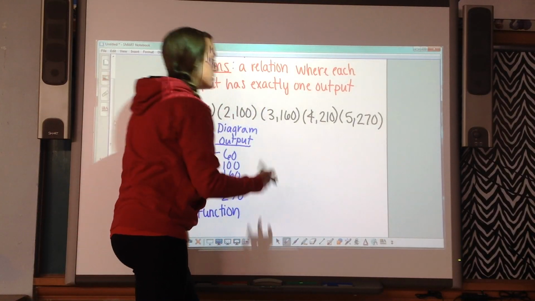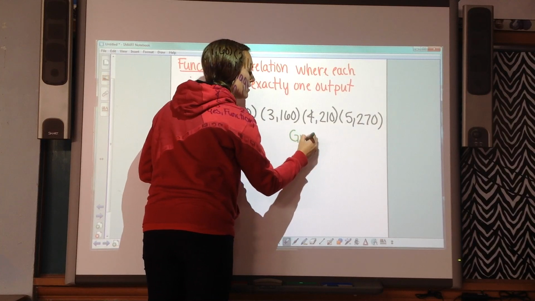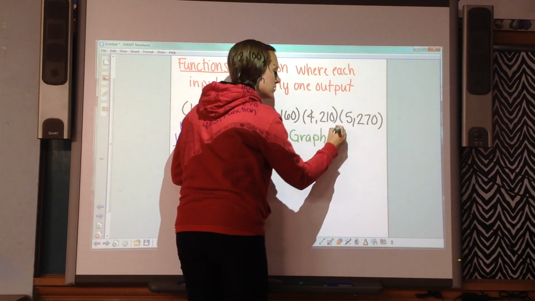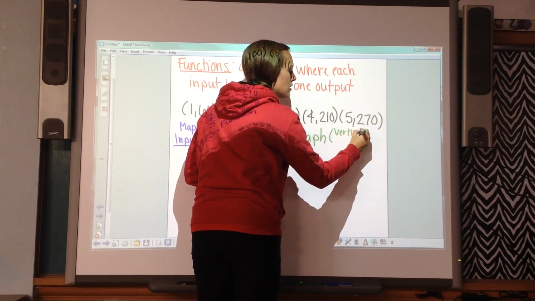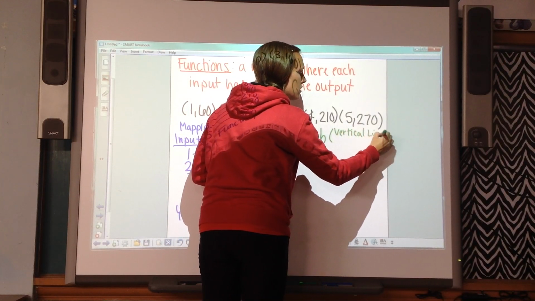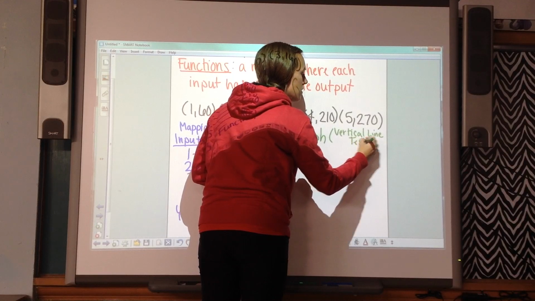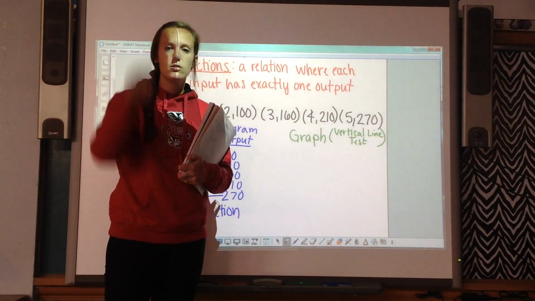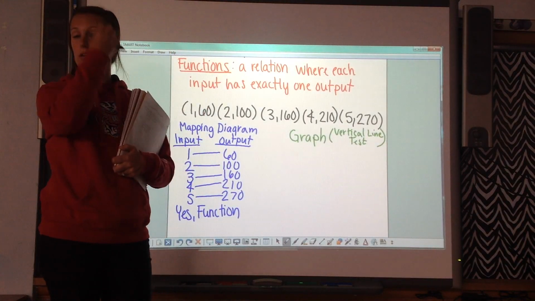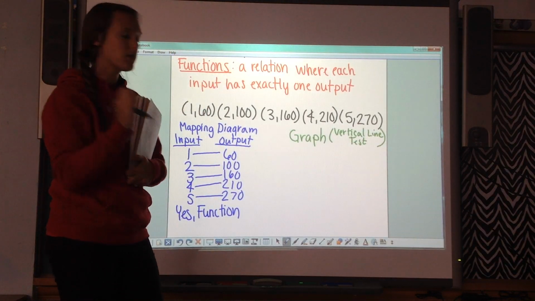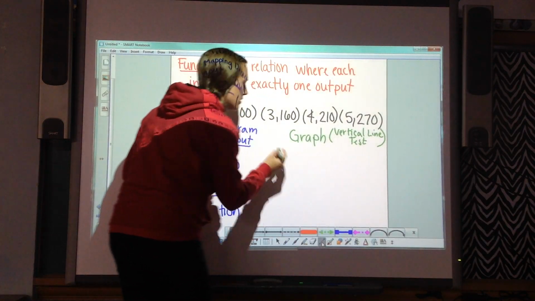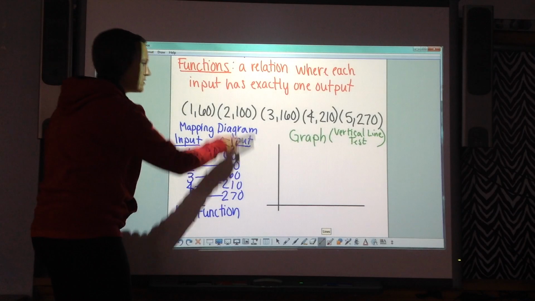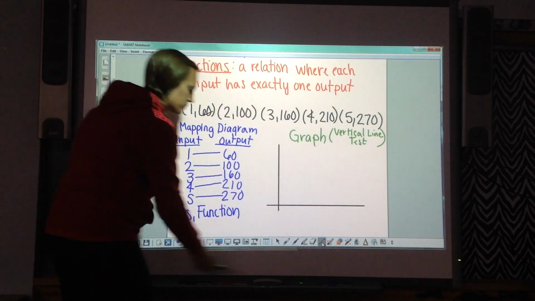The other method is using a graph and something called a vertical line test. When I'm graphing this, yes, I could do the whole coordinate grid, but I'm going to realize that all my ordered pairs are in that first quadrant. So when I make my coordinate grid, I'm not even going to bother with the other quadrants because these numbers are so high.